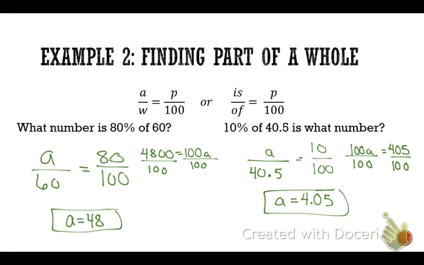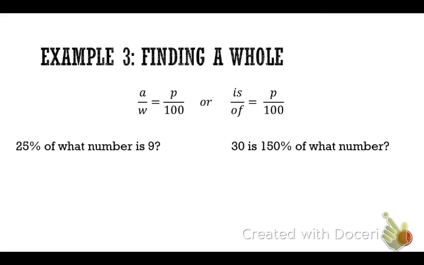All right. Okay, so let's do example 3. In example 3, guys, the statement looks exactly the same, except now I'm solving for a different part of it, okay? So now it says 25% of what number? Well, that of tells me it's the denominator that I don't know, okay?